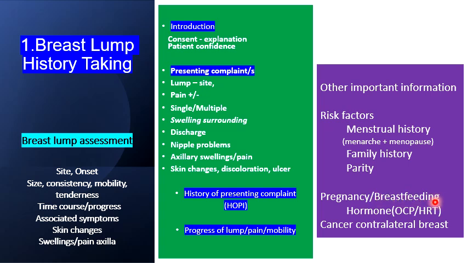Any intake of hormones, especially oral contraceptives or hormone replacement therapy if it is a postmenopausal woman, and also history of cancer or some form of disease in the contralateral breast. All these are the risk factors that you have to go through with the patient.